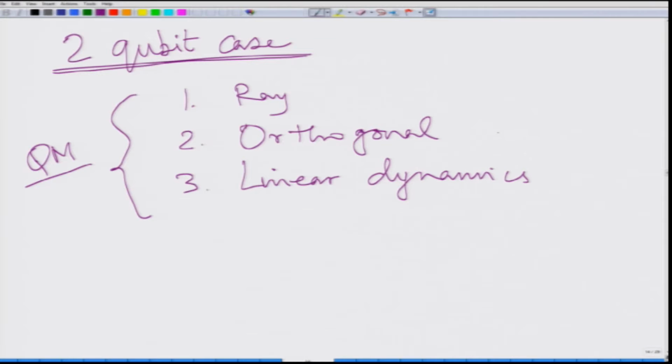In reality, there is no reason for anything to show linear dynamics all the time. And the principle that there will be an orthogonal resultant for any measurement is also not required. So, in some sense, whenever you go to multiple qubits, you are getting more and more realistic answers.